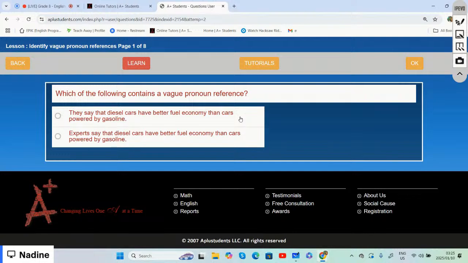Is it option one, "They say that diesel cars have better fuel economy than cars powered by gasoline"? Or option two, "Experts say diesel cars have better fuel economy than cars powered by gasoline"? We need to choose the correct option.